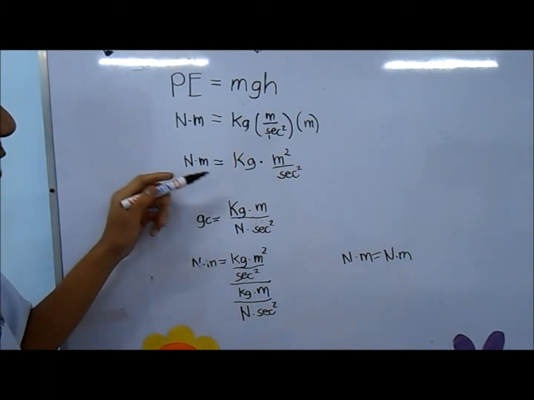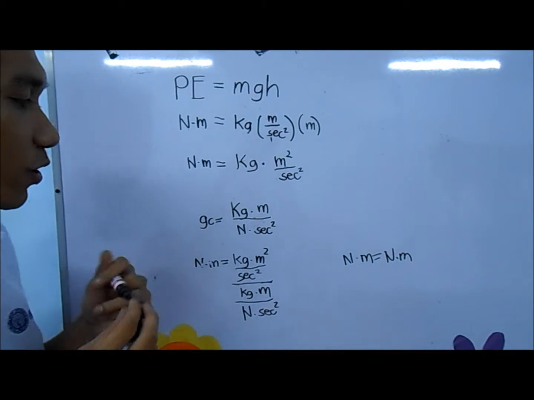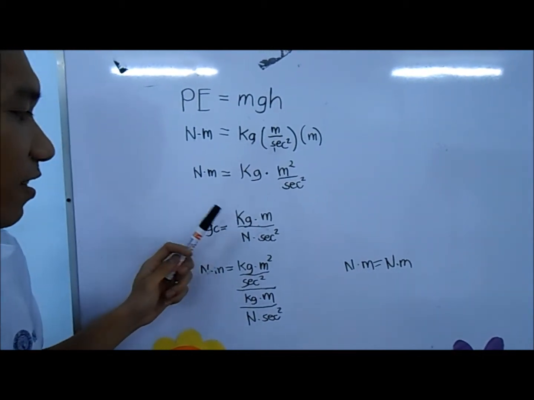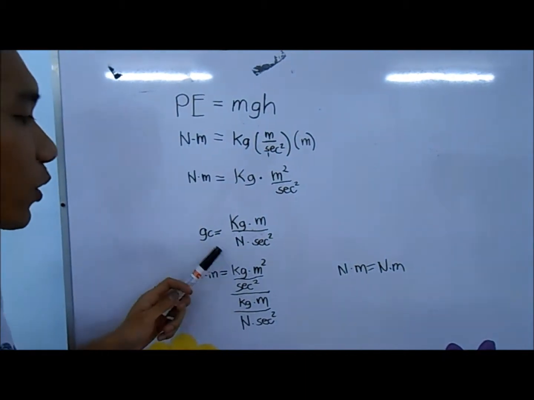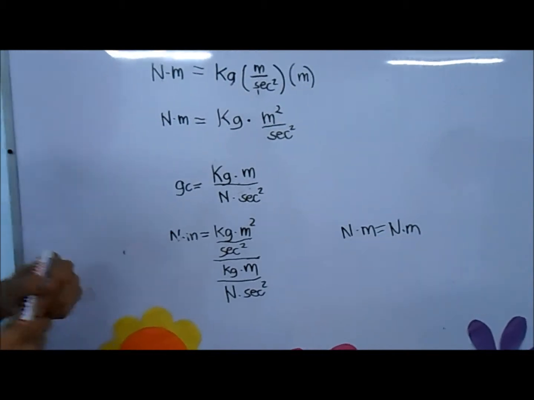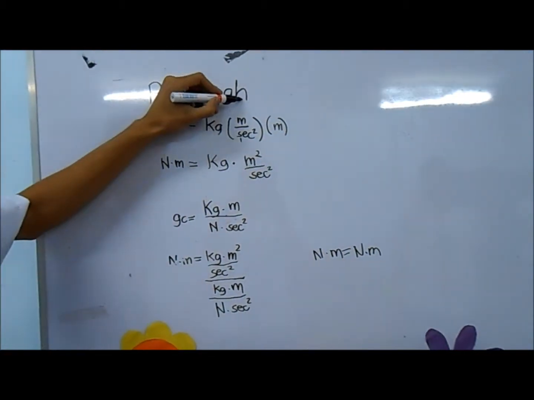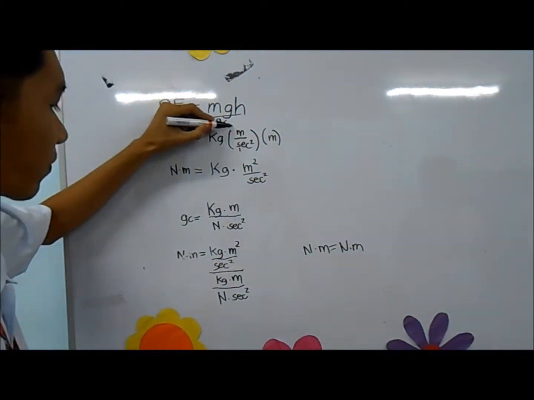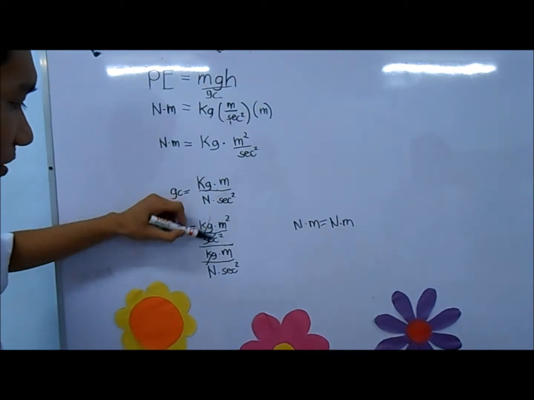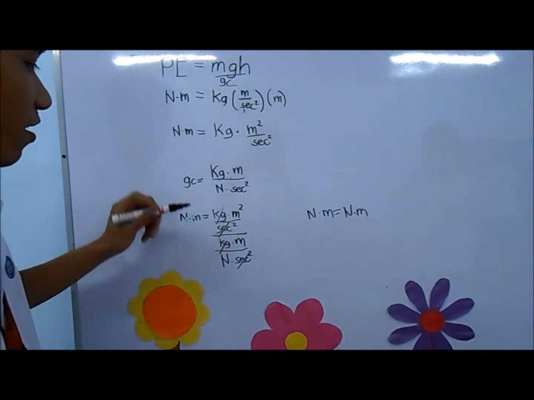So this equation is not dimensionally consistent. So we introduce the G sub c, which is in kilogram times meter per Newton times second squared, and we divide it in the equation. We cancel this, and the remaining unit is Newton meter.